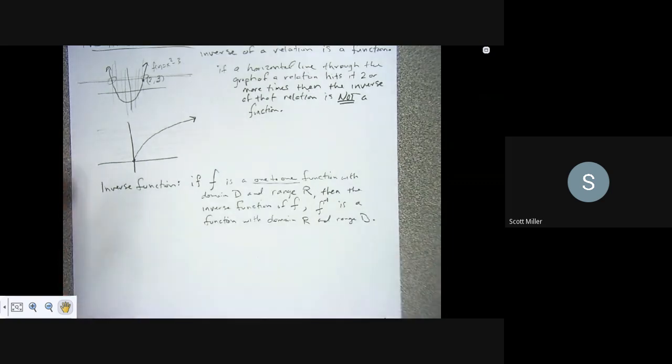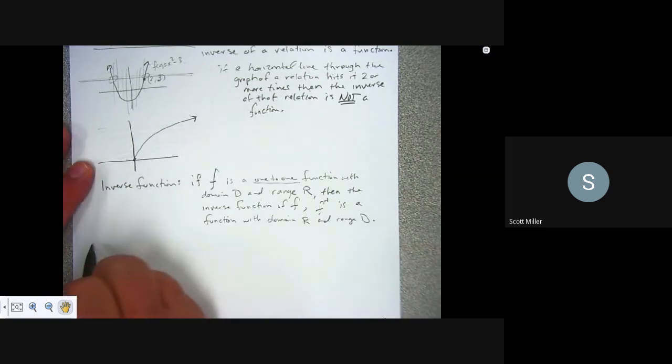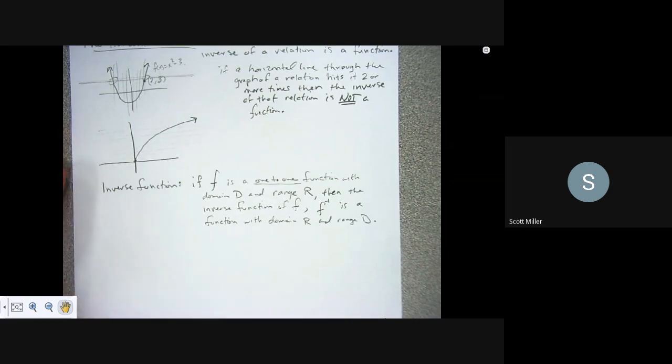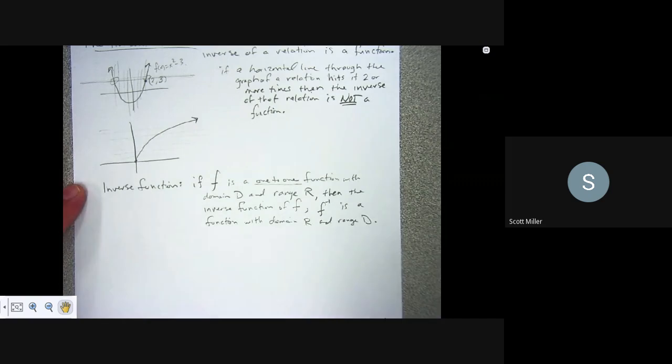So one-to-one means, if you remember the definition of a function, it says for each element in the domain, so basically for every input, there is exactly one output, correct? Exactly one output. Well, one-to-one takes it one step further.